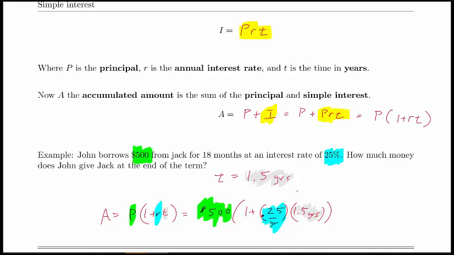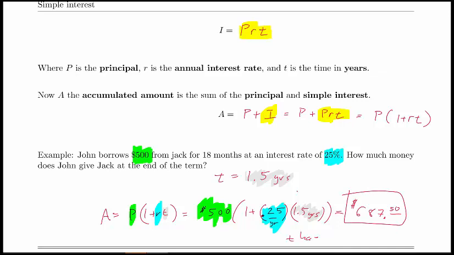Okay, so you work that out, plug it into your calculator, and you should get $687.50. Okay, so if you notice, I'm going to box that because that is our answer.